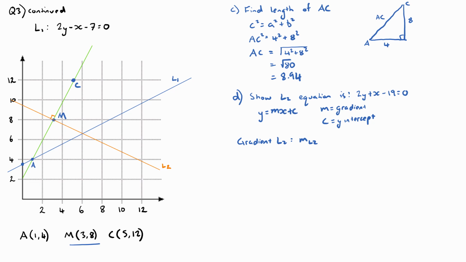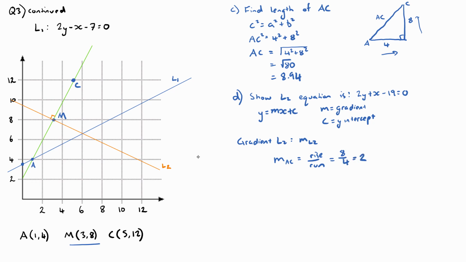So if I find the gradient of the line AC, that's rise over run. Between points A and C, we actually drew this up here in part C. It rises 8 and it runs 4. So the gradient of the line between A and C is rise on run of 8 on 4, which is equal to 2.